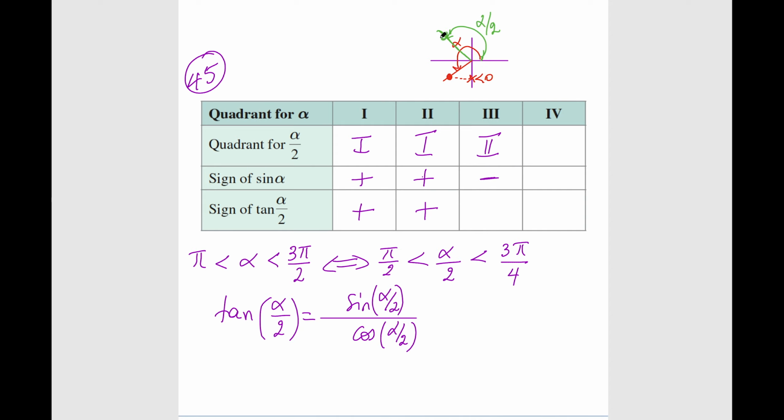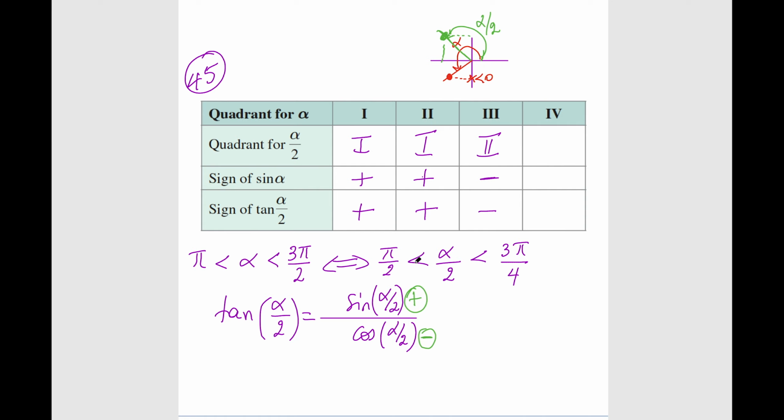And what do you know about the sine, the second coordinate? The second coordinate is positive, so that guy is positive. And the first coordinate, which is cosine, is negative, right? So how about the tangent of such an angle, alpha over 2? It becomes positive divided by negative. And what's positive divided by negative? It's negative.